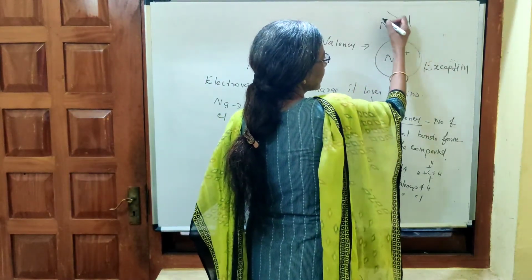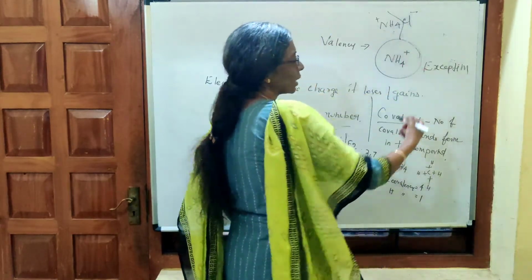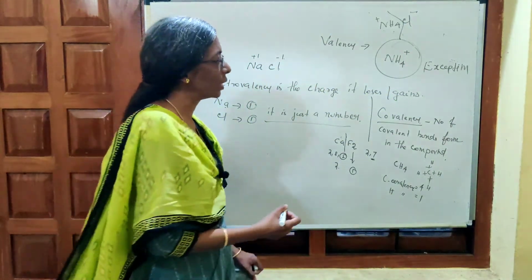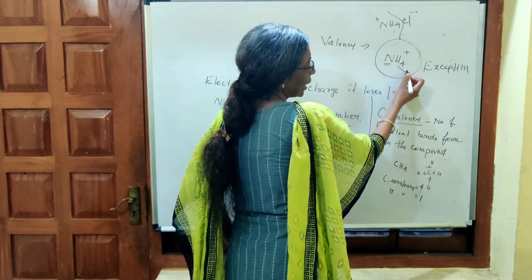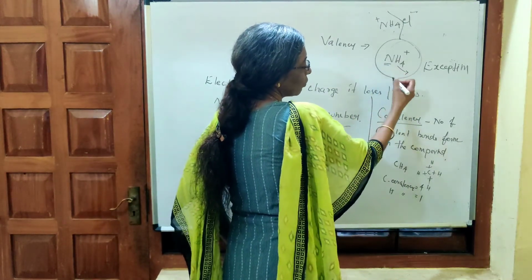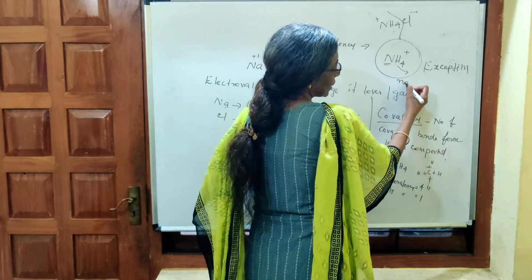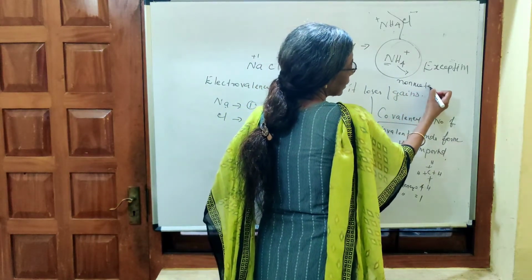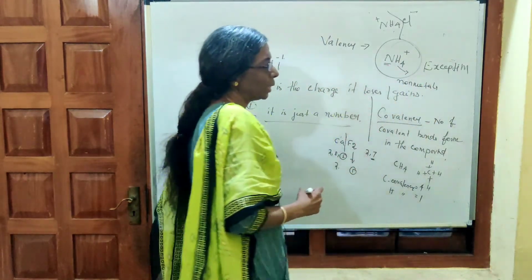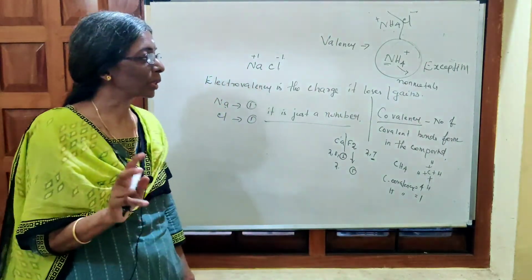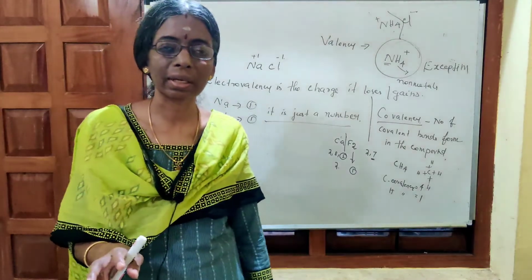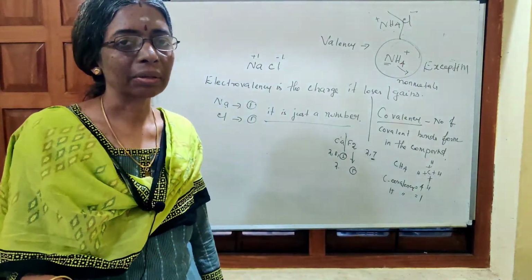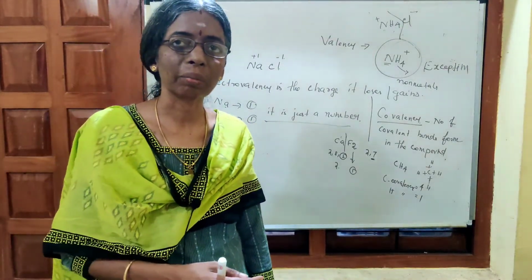So this we consider as plus, this we consider as minus. Here nitrogen is also a non-metal, and hydrogen is also a non-metal. Both are non-metals. This is an ionic compound only, but it is formed by two non-metal elements. Is it clear? Okay. Next, let us see what are the properties of ionic compounds.